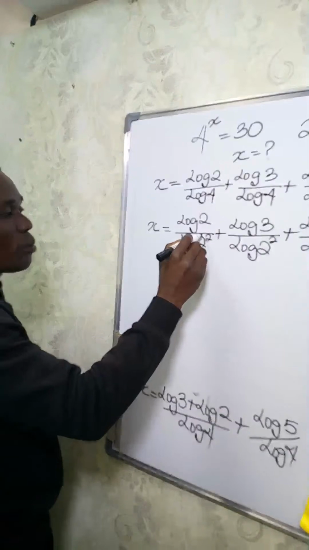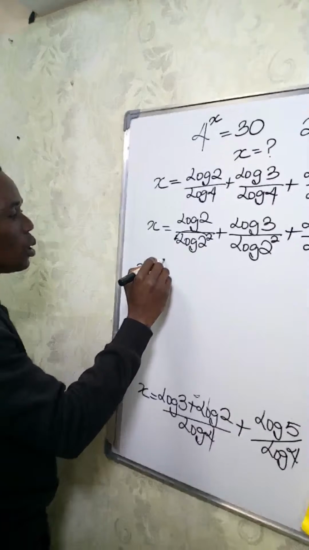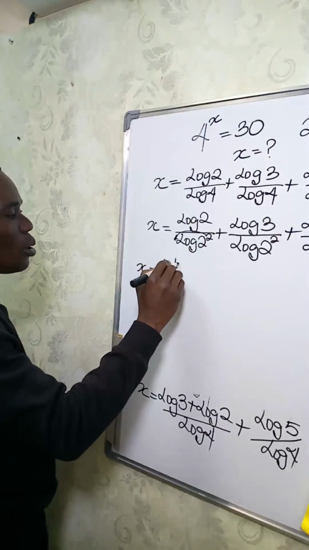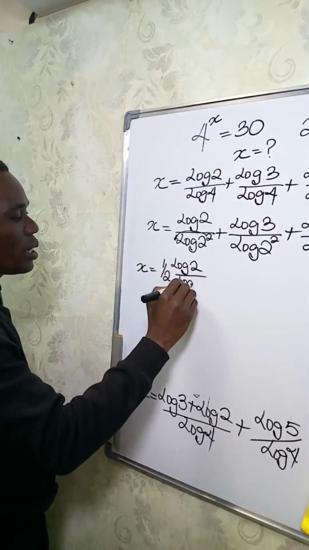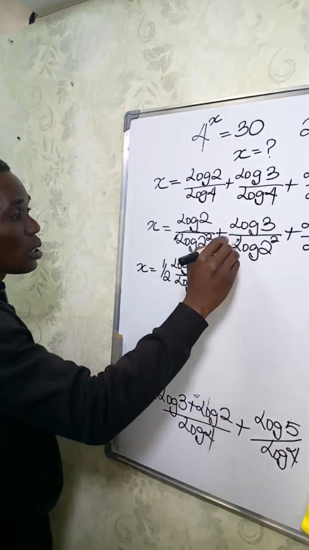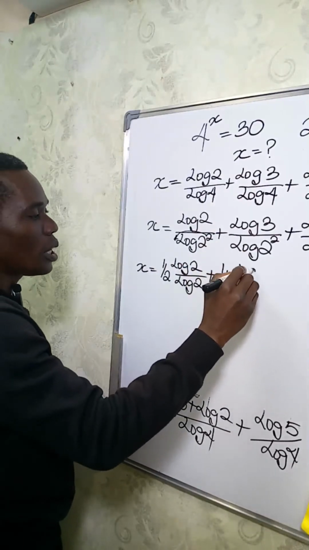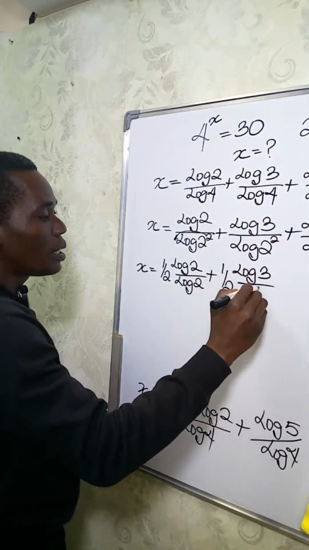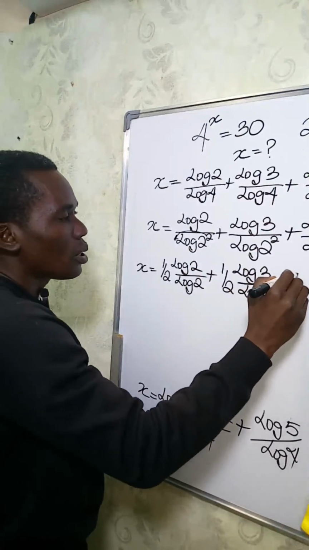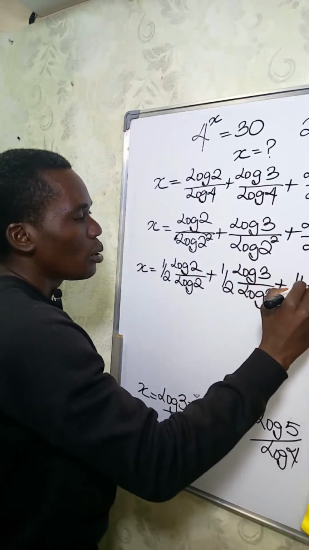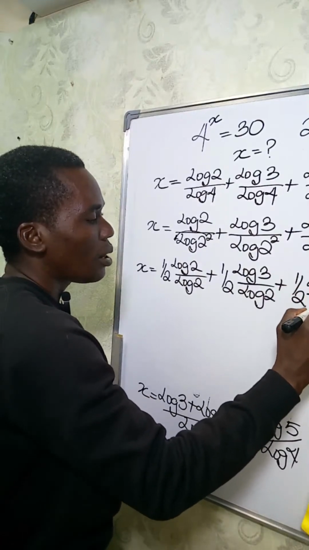Now, according to the law of logarithm, the power can come over here, and then we'll have our x equal to 1 divided by 2 log of 2 divided by the log of 2, right? Plus, this will also become 1 divided by 2 log of 3 divided by the log of 2, right? And this can be plus 1 divided by 2 log of 5 divided by the log of 2.